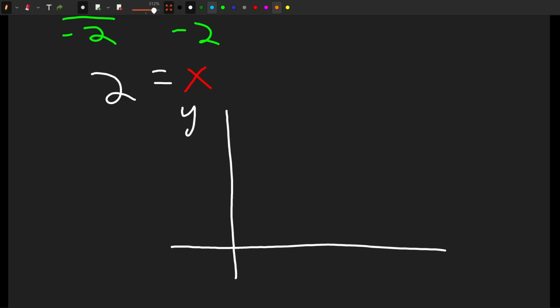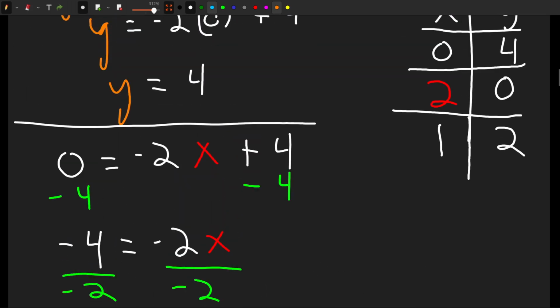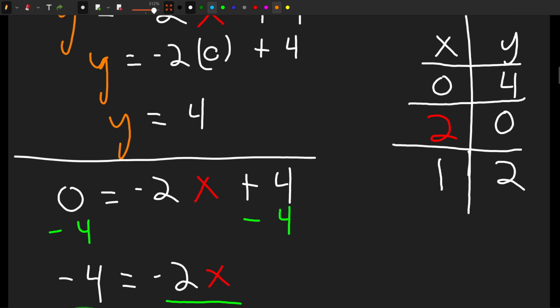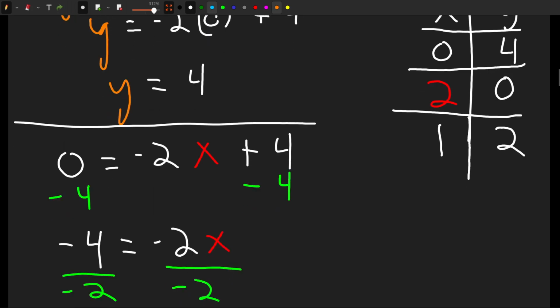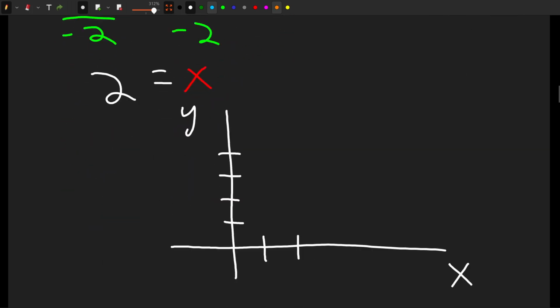So here's my y-axis, here's my x-axis, and I need 1, 2, 3, 4. Okay. And so looking at my points up above, my y-intercept is at 0, 4. So that's going to be right here.